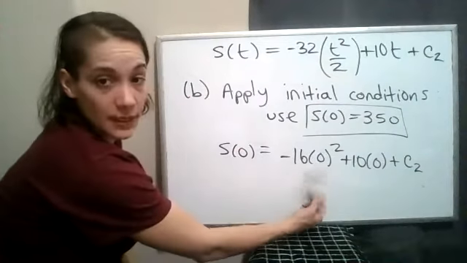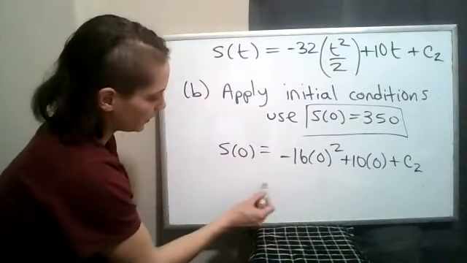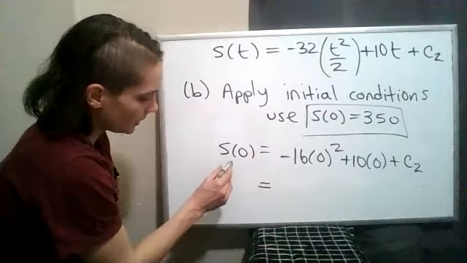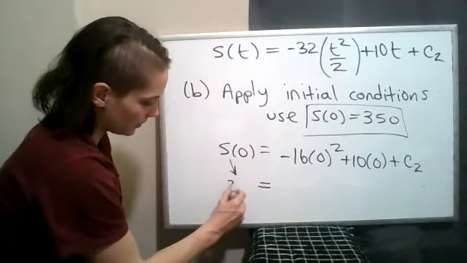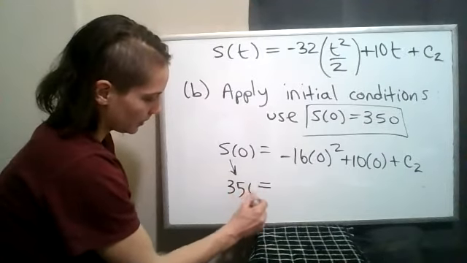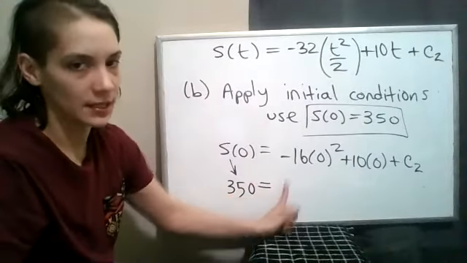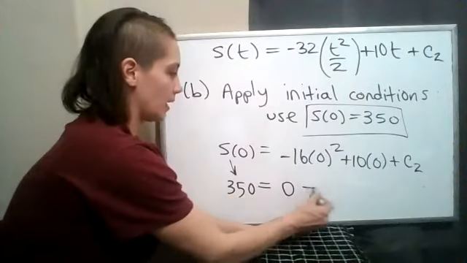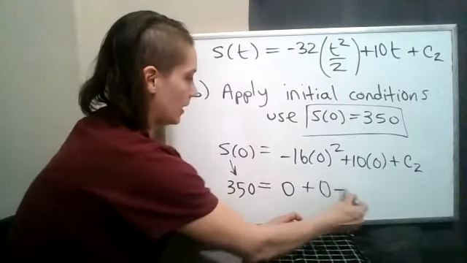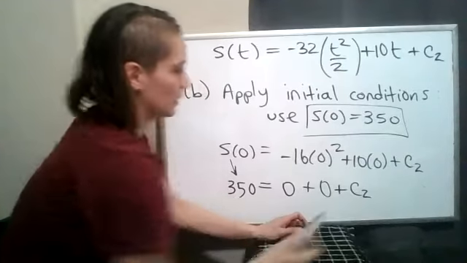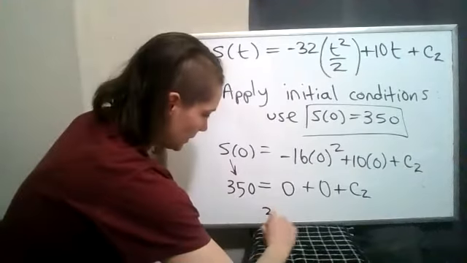So on this side, we'll simplify what's going on. Over here, this number is equal to 350. Okay, 0 times anything is 0. Add 0, add c sub 2. Okay, 350 is equal to c sub 2.